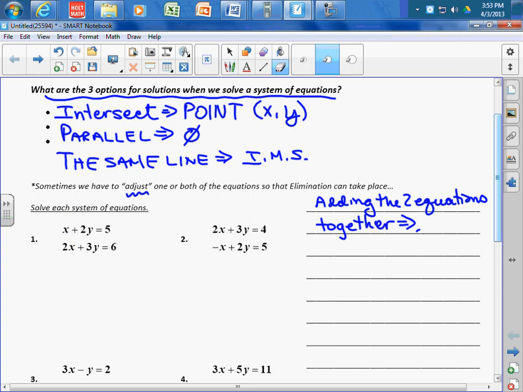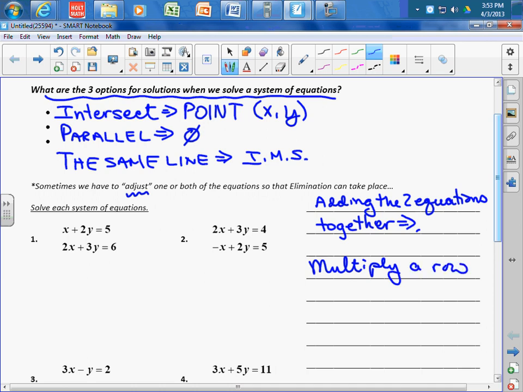We're going to put a negative 2 there. But in order to do that, we're going to multiply, in this case, the top row, but we're going to multiply a row so that one of the variables will cancel.